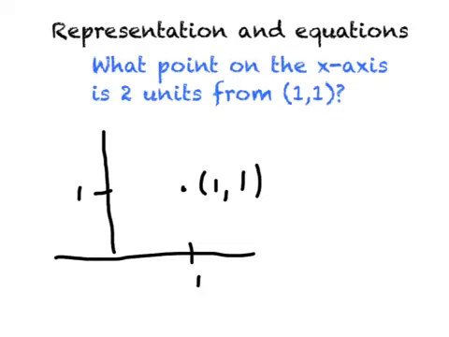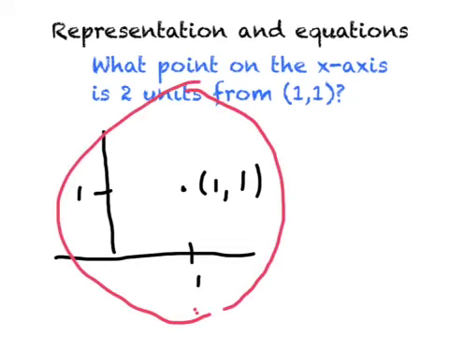That means really what we're looking at is the intersection of a circle of radius 2, which might look something like that, with the x-axis.